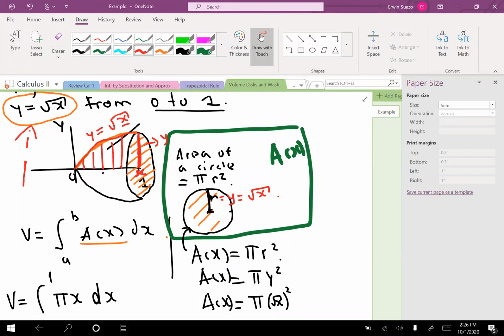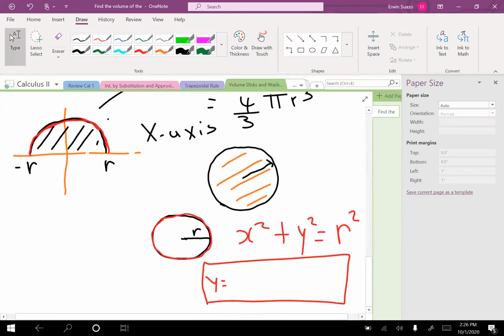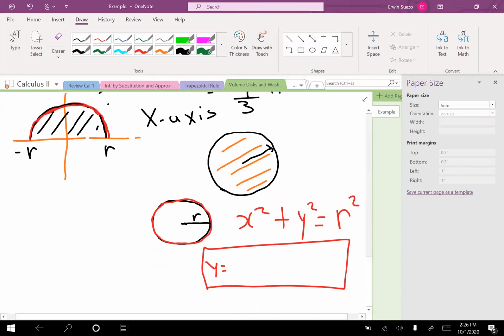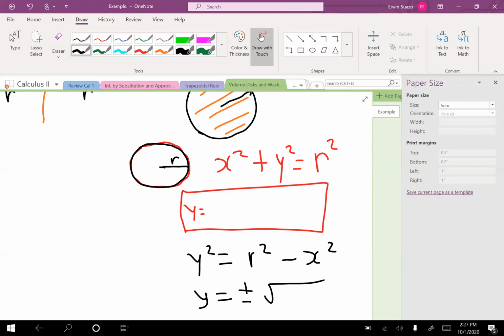So I need to solve for y. So y squared equals r squared minus x squared. Then take the square root of both sides. I get y equals plus or minus the square root of r squared minus x squared.